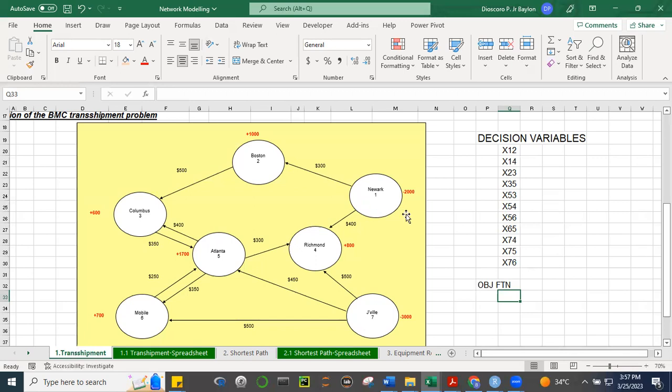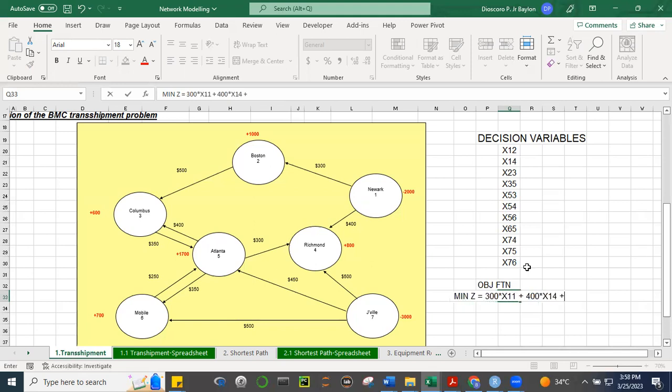So it will be min z, minimize z, which is our total shipping cost. It will be 300 times x12, plus, I won't write everything, I'll leave you to write the rest, 400 multiplied by x14.